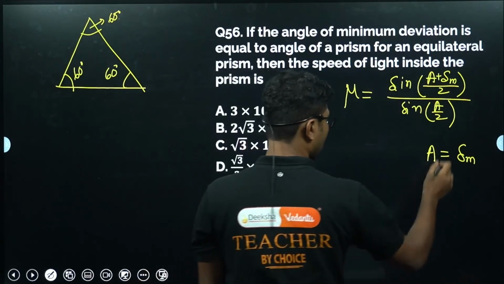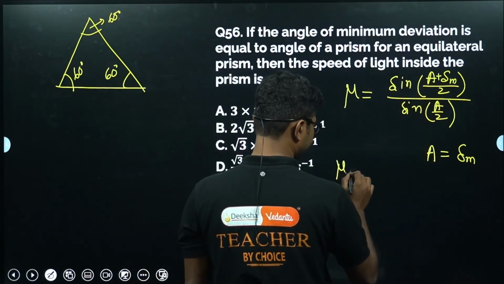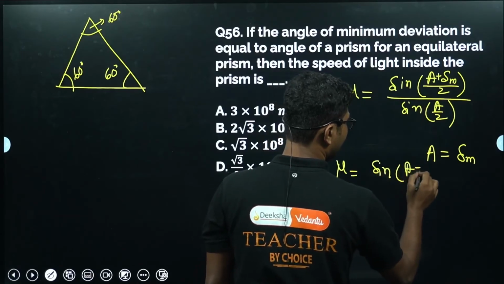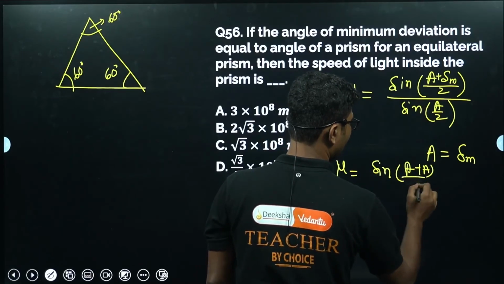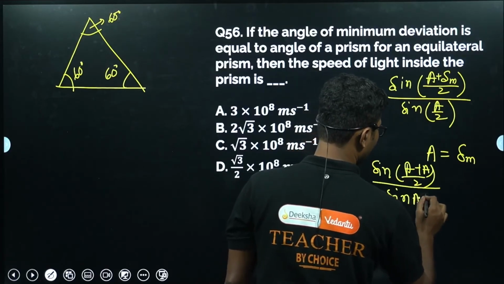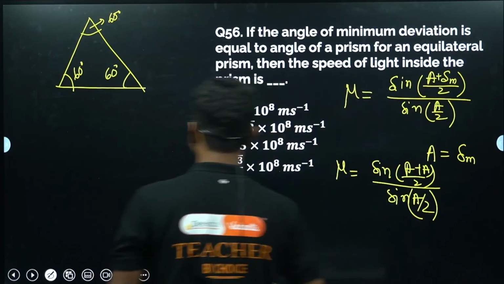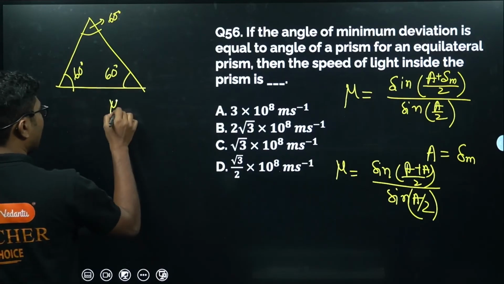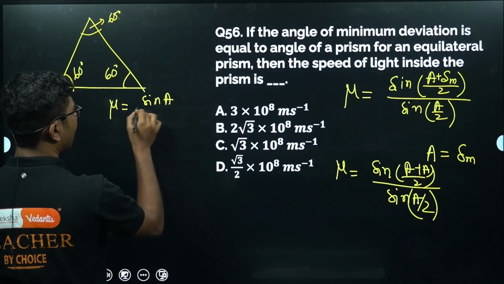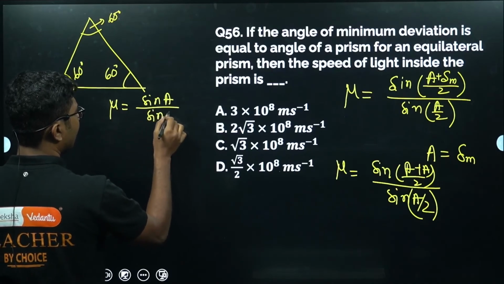Just put that in this equation, you will get sine of (A plus A) by 2 divided by sine A by 2, right. So you can write here mu as sine A by sine A by 2.